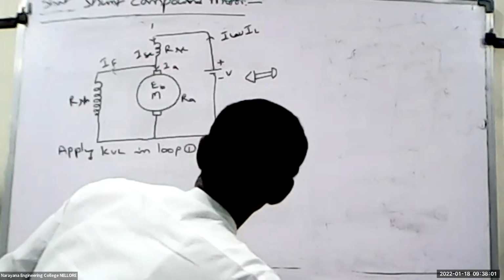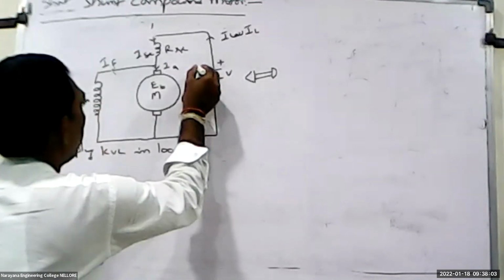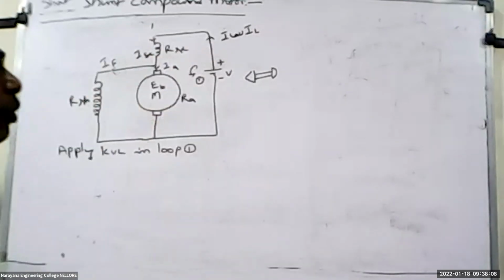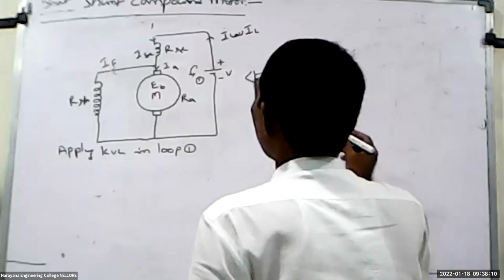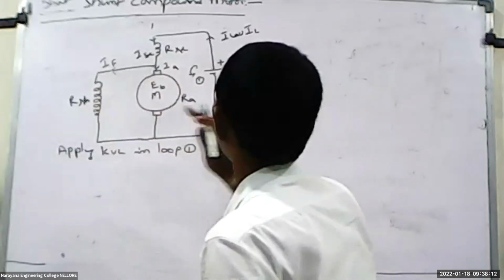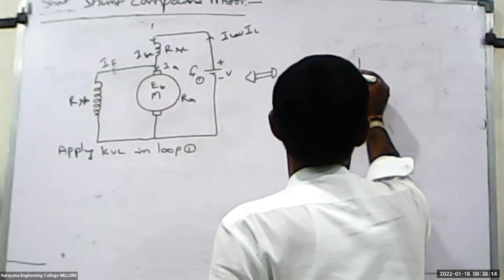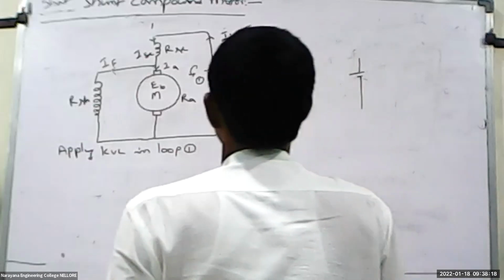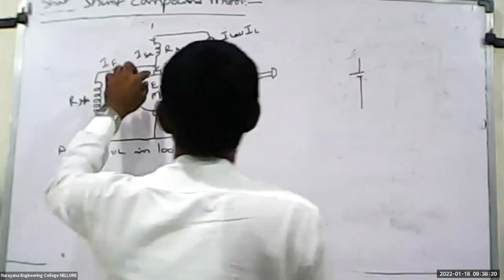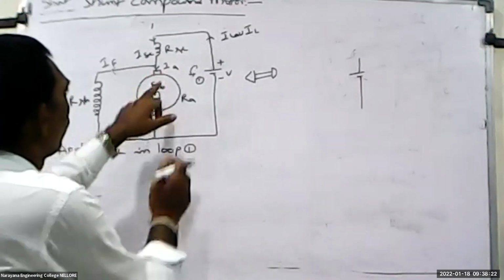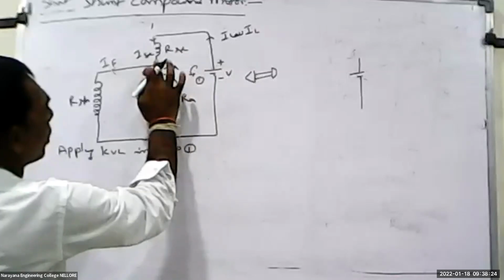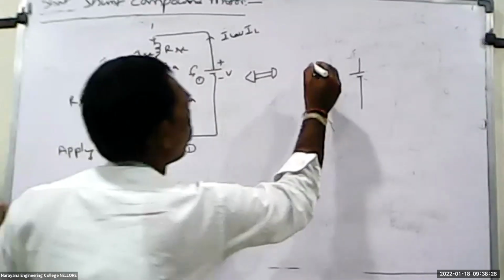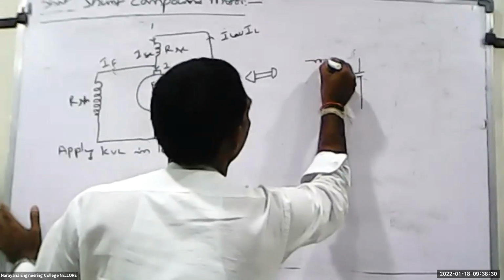Then I have to consider that this is loop 1. I have to modify this one for our convenience. What is the modification? One side I have to replace this one, in the middle we represent the applied voltage. Here you will observe one side is connected to the series field winding and back EMF.